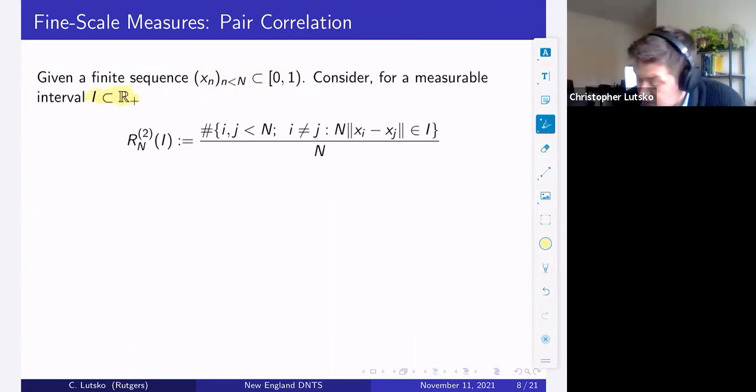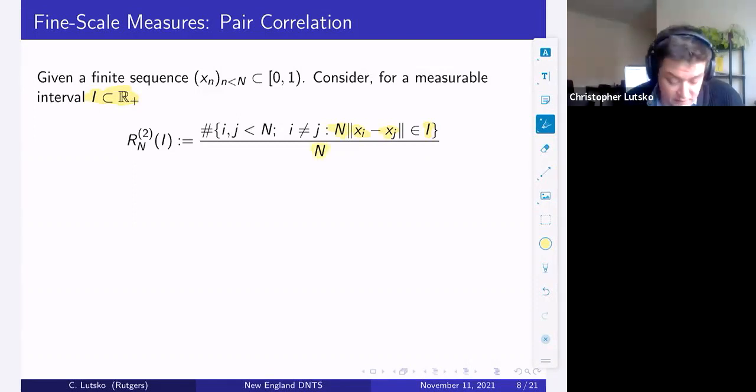We look at how many pairs x_i and x_j, look at the distance between them and ask when does that lie in the set I, and then we scale by capital N so that our function doesn't blow up. And then, of course, we divide by capital N.